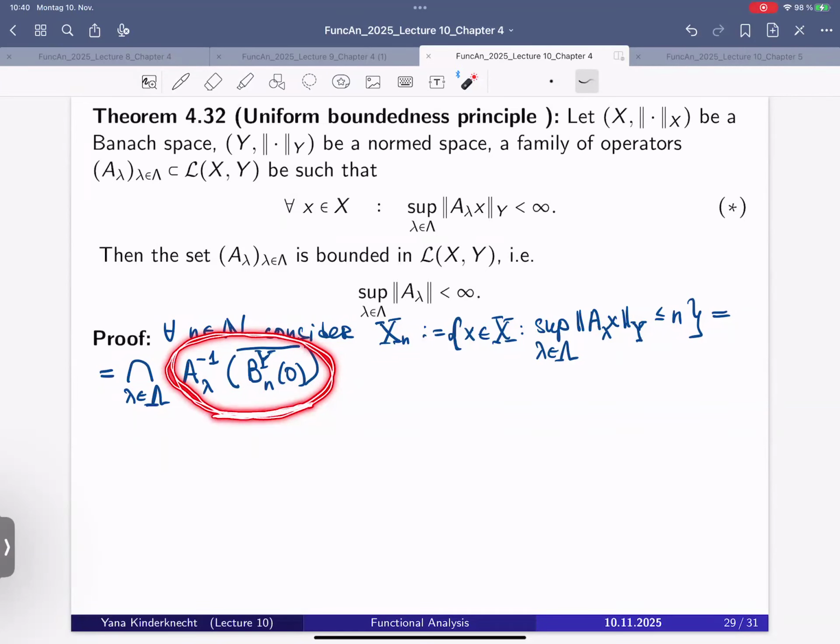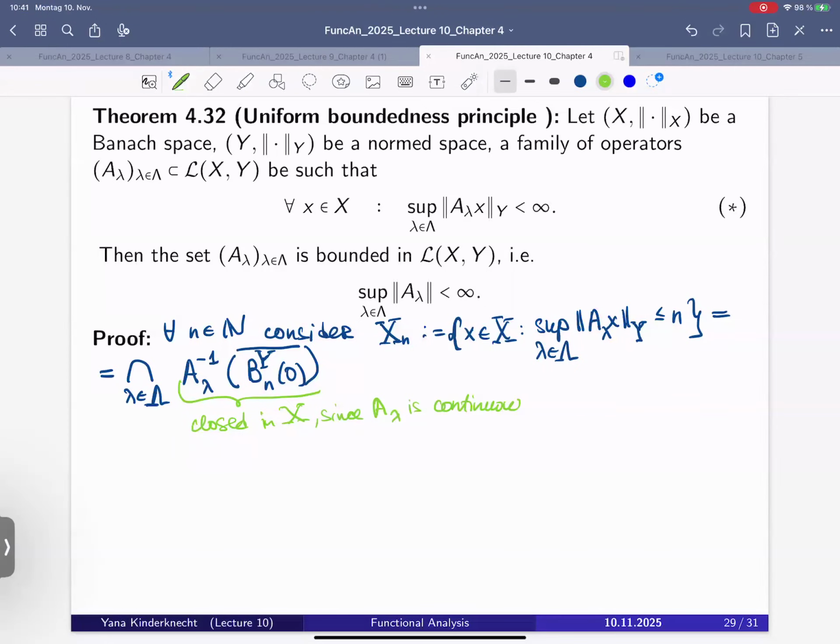A continuous mapping is a mapping such that for any open set its pre-image is open, and equivalently for any closed set in Y its pre-image is closed in X. So this is closed in X. So let me write it down.